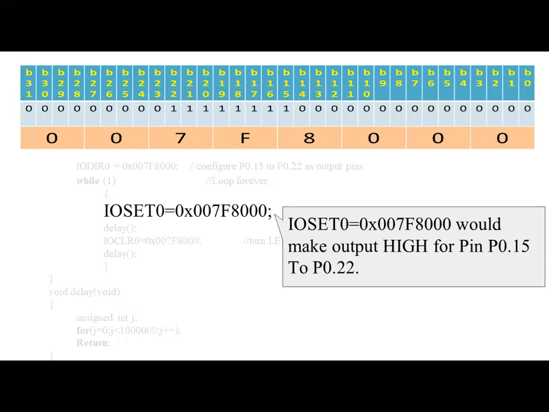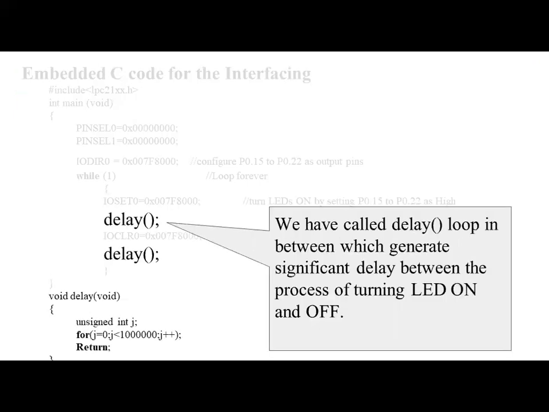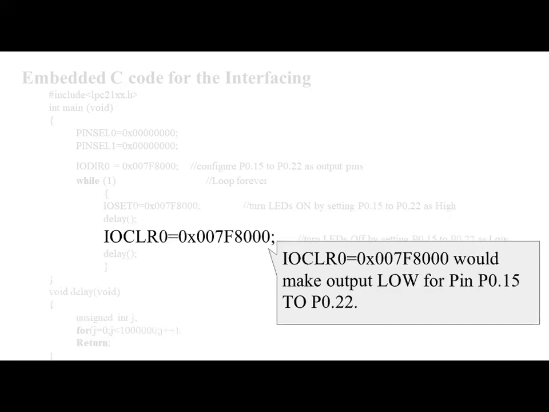Now IOSET is equal to 0x007F8000 would make output high for pin P0.15 to P0.22. Now delay is also required. In this case, we have called delay loop in between, which generates significant delay between the process of turning LED on and off.